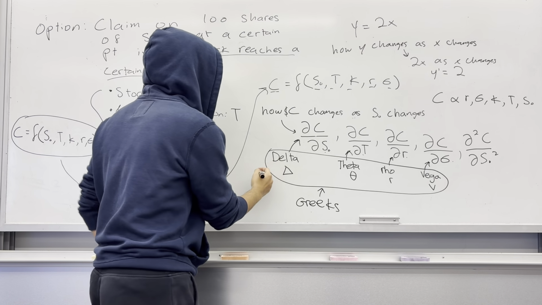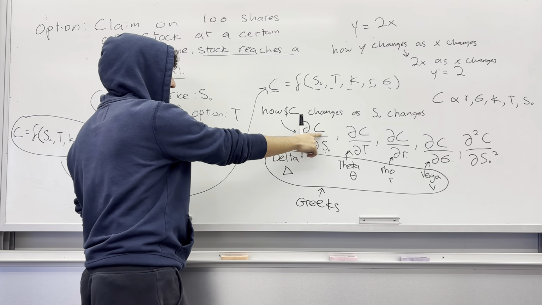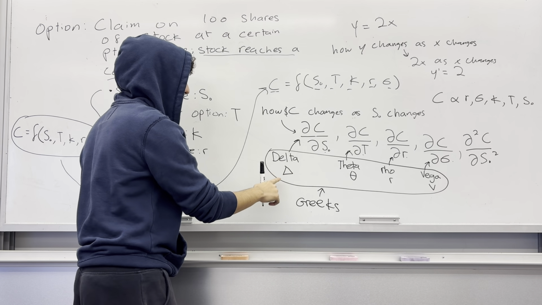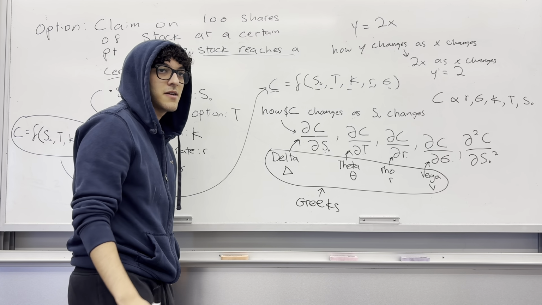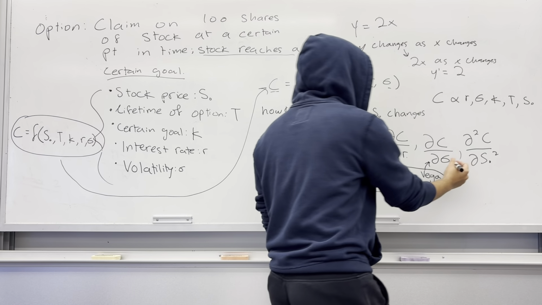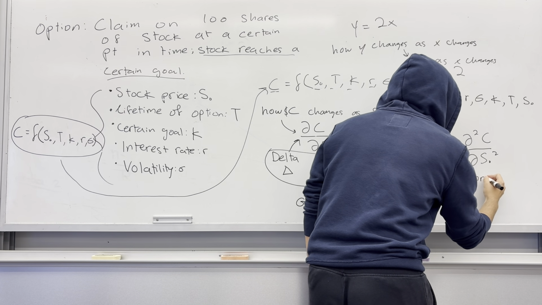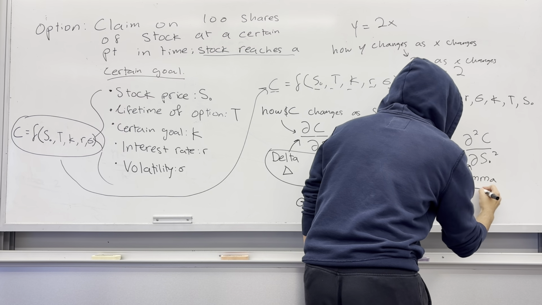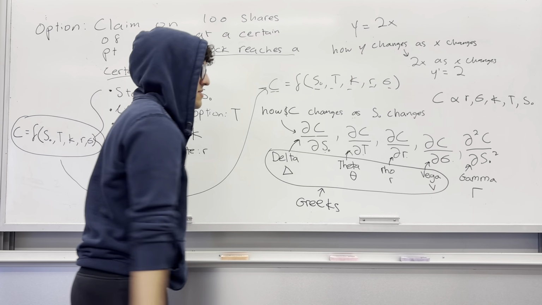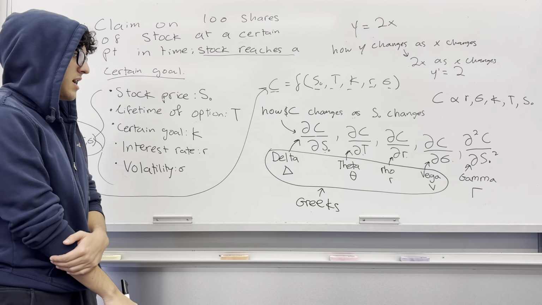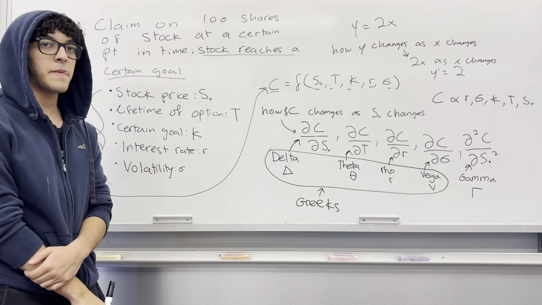So it's literally how the call price changes as delta changes. And we call this gamma. Little bar symbol right there. And these are all the Greeks.